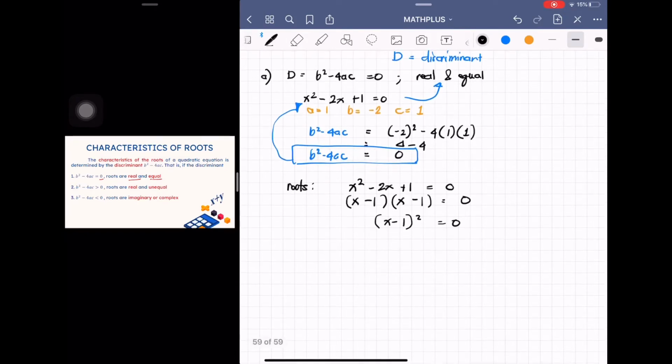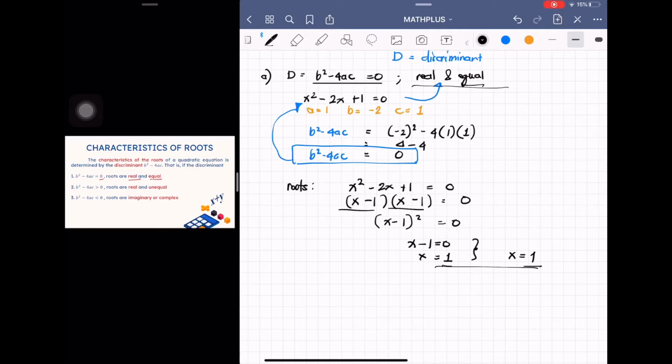That gives you two roots which are both equivalent to positive 1. You get x minus 1 equal to 0, therefore x is equivalent to 1. This is also the solution for the other root, because you have two factors, x minus 1. Thus, your roots are 1 and 1. So if your roots are 1 and 1, they are real and they are equal. That is, if b squared minus 4ac is 0, that gives you real and equal roots.